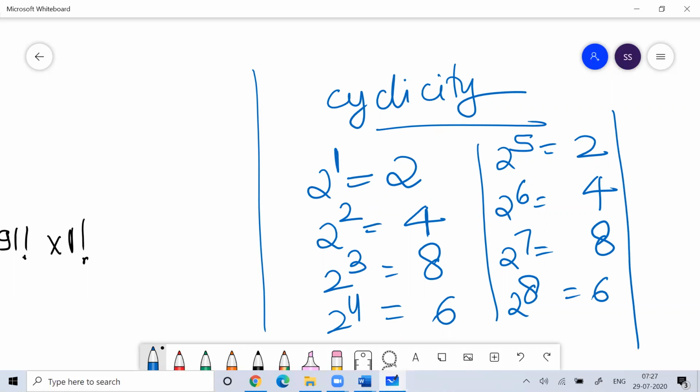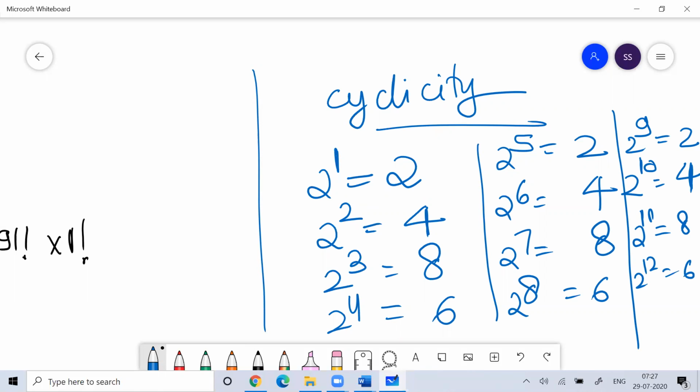I hope you are understanding what is happening. 2 to the power 9 is 512. 2 to the power 10 is 1024. 2 to the power 11 is 2048. 2 to the power 12 is 4096.